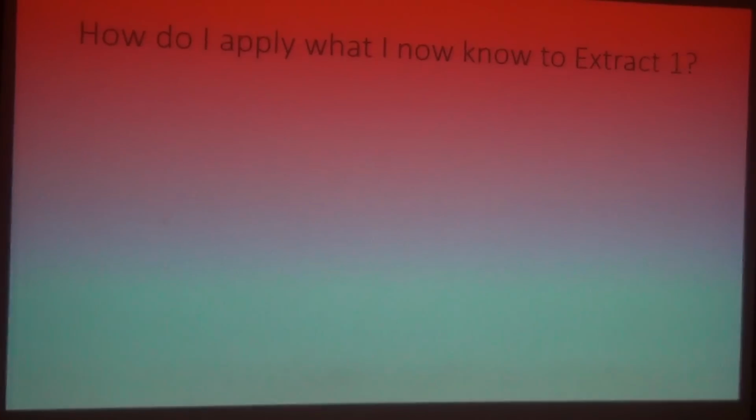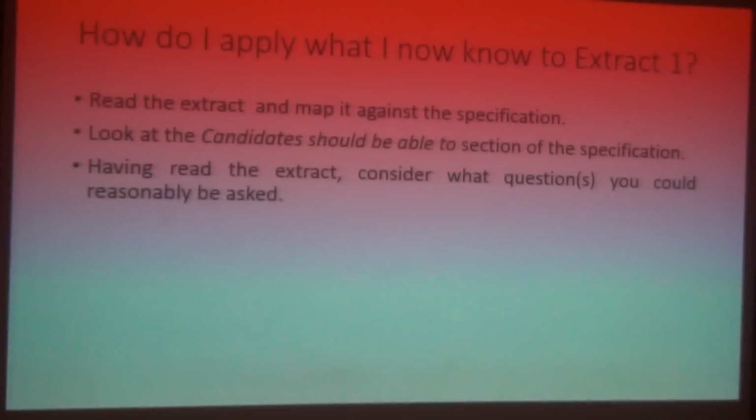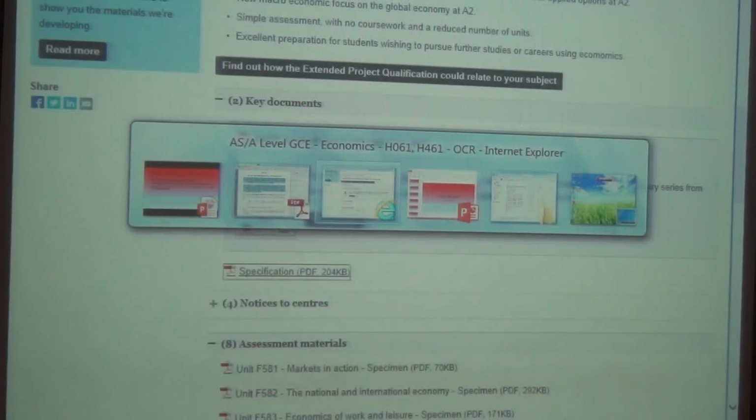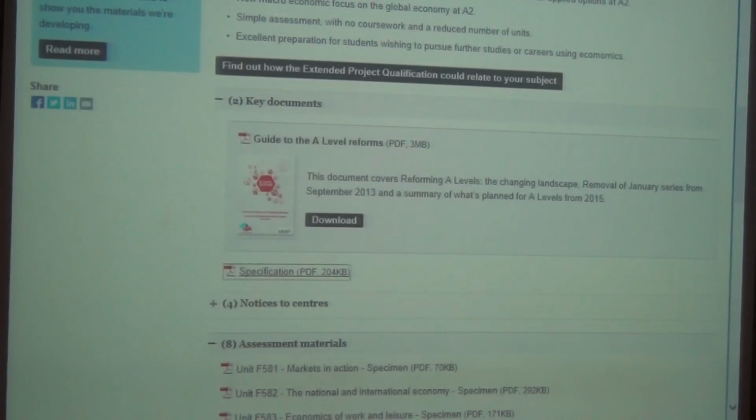Potential questions. Have a look at the candidates should be able to section of the specification. Read the extract and then consider what you could be asked. So given that extract 1 is all about the economic cycle and so on, if you go to the specification, just bring that up again.